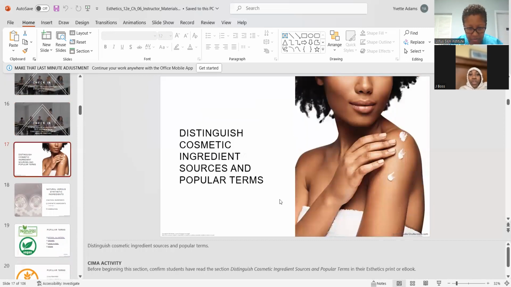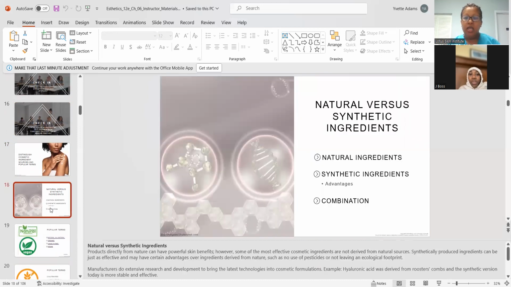Alrighty, let's see. Synthetic versus natural. We have our ideas about this from hair, from other situations, right? All right, so natural products can have powerful skin benefits. However, some of the most effective cosmetic ingredients are not derived from natural sources. They're synthetically produced ingredients. They can be just as effective, and they can have certain advantages over ingredients derived by nature, such as no pesticides, not leaving ecological footprints. What's another one?